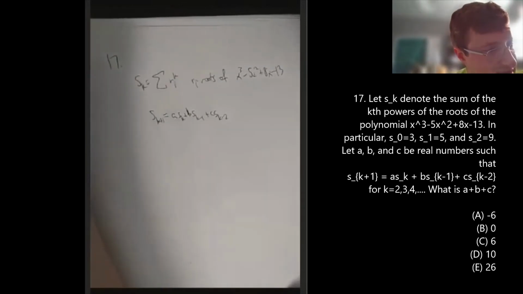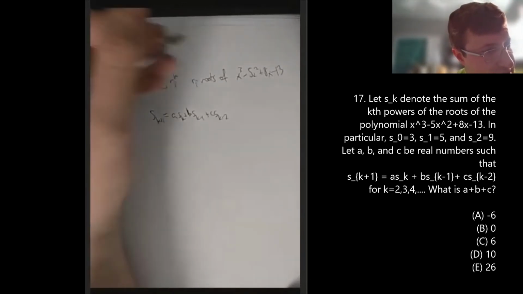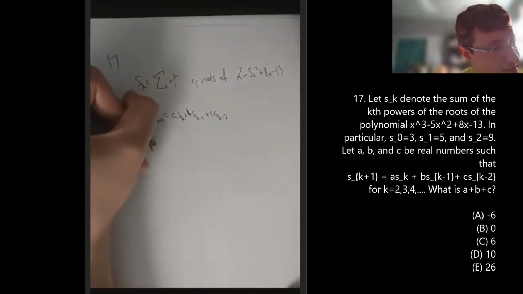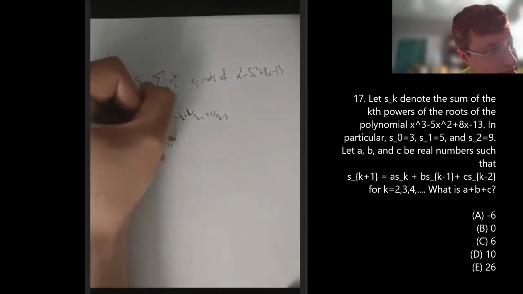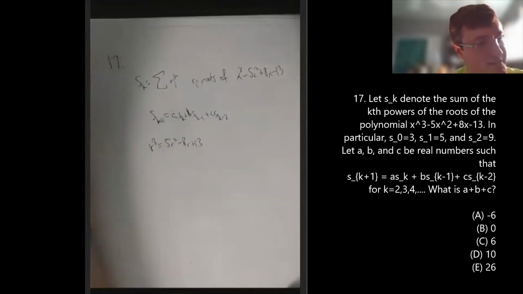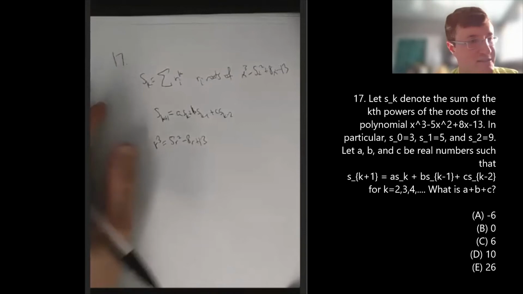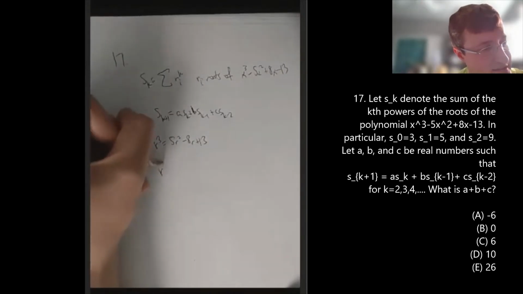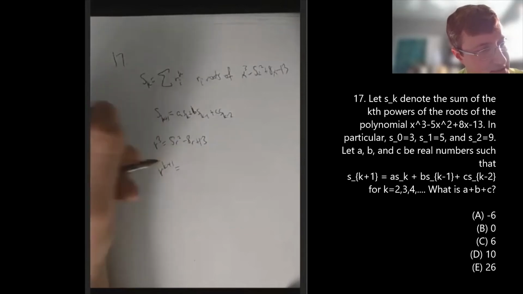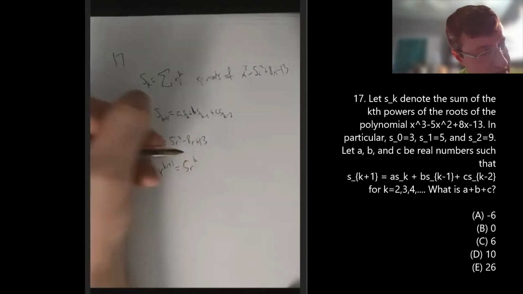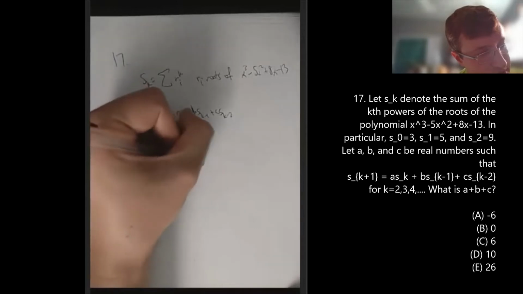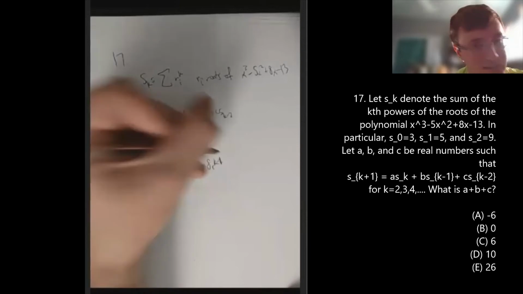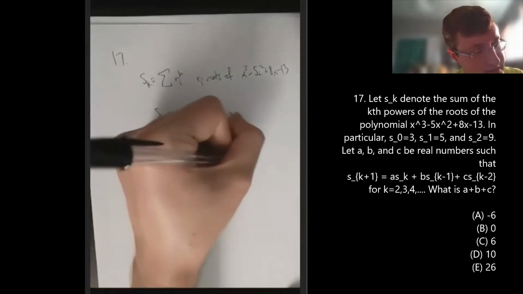Okay, well, I already know how to do this because if I take a root r of this thing, I know that r cubed is 5r squared minus 8r plus 13. I'm just rearranging the equation. And then if I multiply through by r to the k minus 2, I'm going to get r to the k plus 1 equals 5r to the k minus 8r to the k minus 1 plus 13r to the k minus 2.